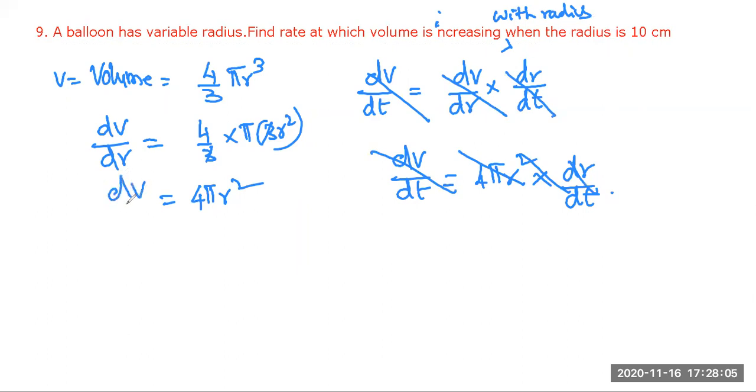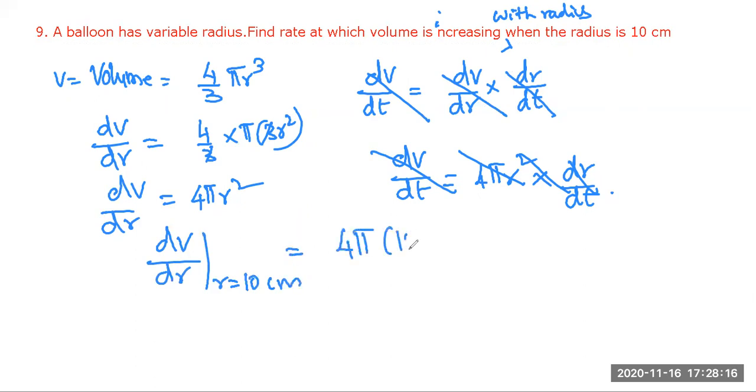So dV by dr is with radius. And now we directly substitute. R is equal to 10 centimeters. 4 pi multiplied by 10 cm. That's equal to 40 pi cm square. So that's how the volume is increasing with radius.